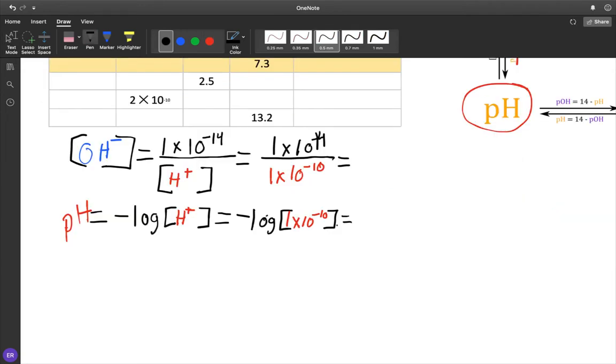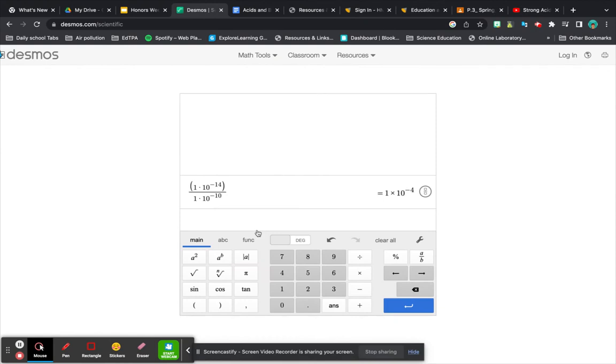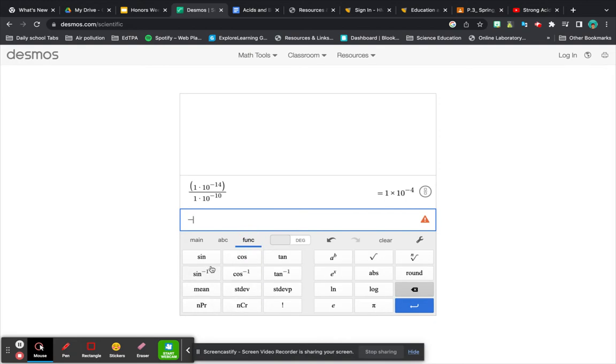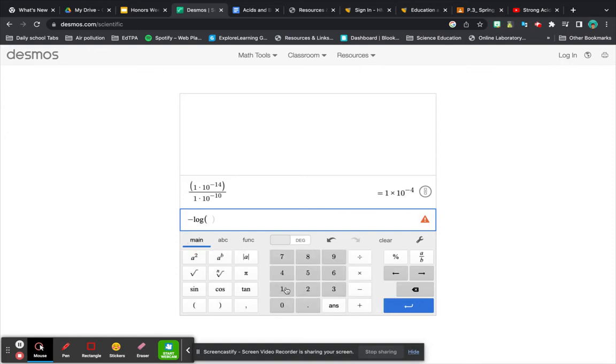So let's plug that into our calculator and see what we get. Negative log of 1 times 10 to the negative 10.